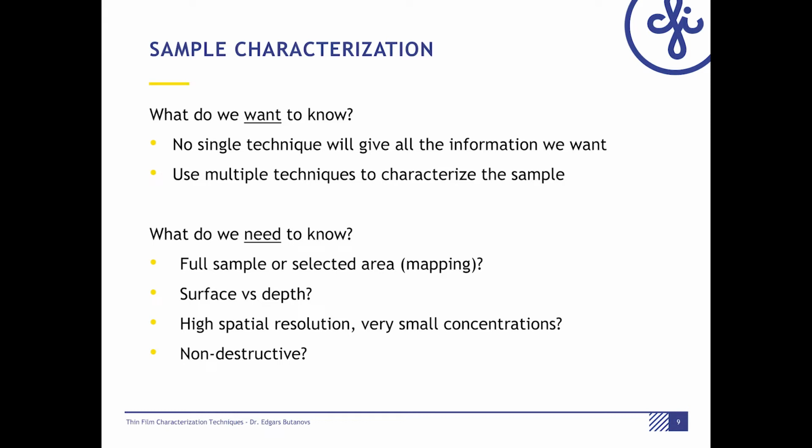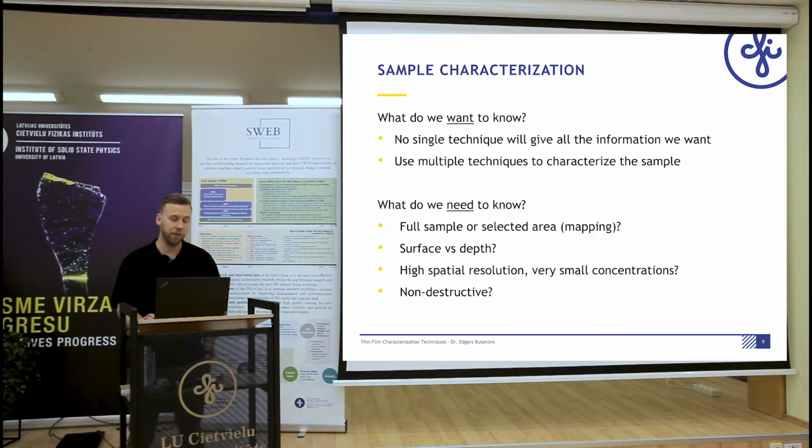Then we need to decide how high a resolution we need for our measurements, and whether we need to know about very small concentrations of elements, or we don't care about that. As well, we need to be careful with destructive techniques if we need to do more characterization afterwards. Those typically stay for the last.